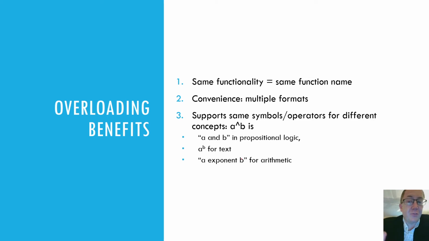A exponential B for arithmetic. It's the same symbol in multiple cases. The asterisk is multiple different things. It's multiplies. What else is it actually? I can't think of other things that it's useful for. It's for pointers. Asterisk is for pointers. It's also for multiplication. Same symbol.